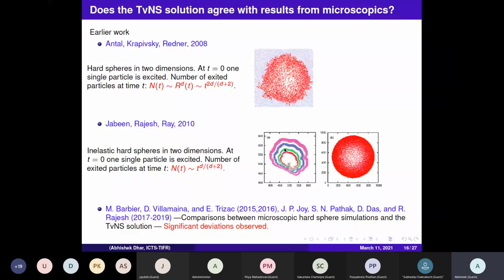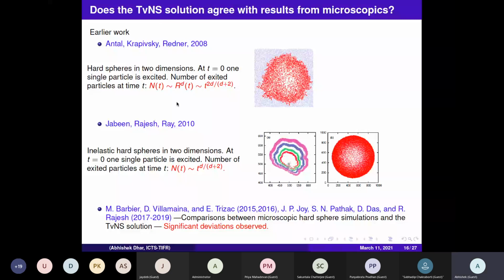One of the earliest papers is this paper by Antal, Krapivsky and Sid Redner in 2008, where the system is hard spheres in 2 dimensions. Just imagine at time 0, you have a large number of disks uniformly distributed on the plane, which are all at rest.